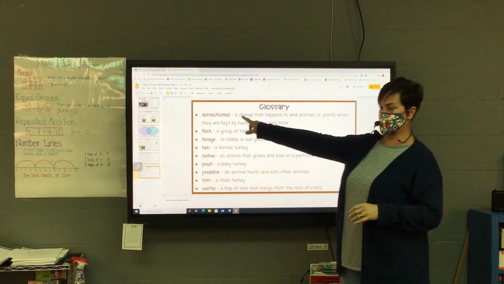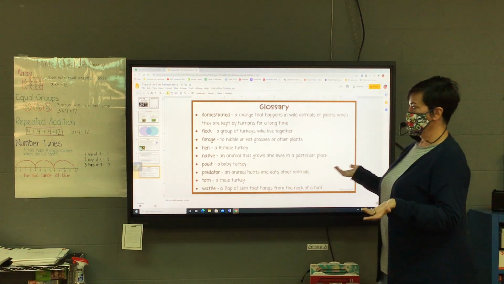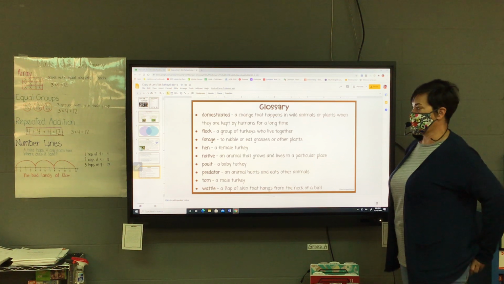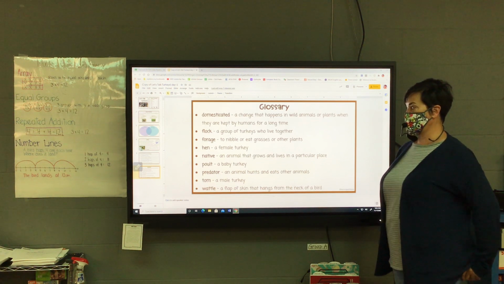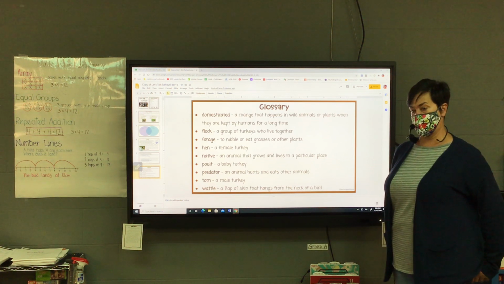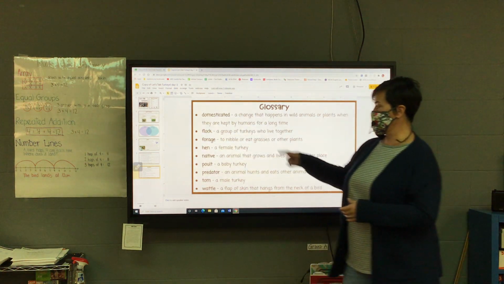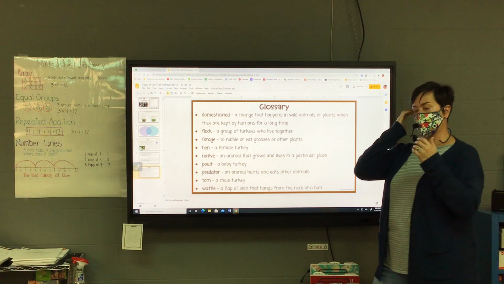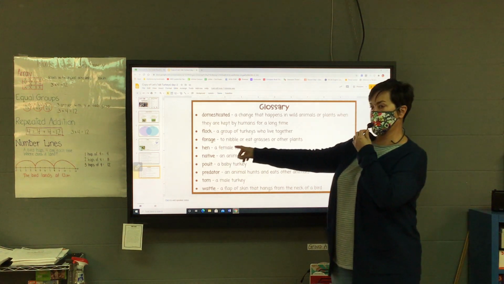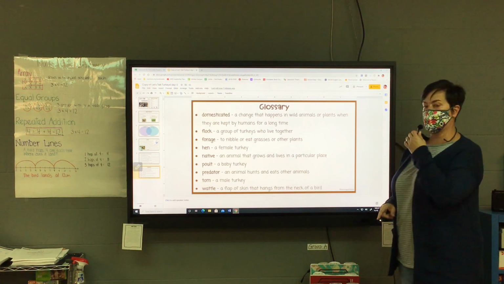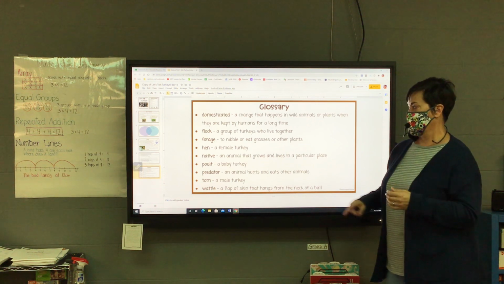Okay, so domesticated means what? A change that happens in wild animals or plants when they are kept by humans for a long time. A flock is a group of turkeys who live together. Forage, to nibble or eat grasses or other plants.